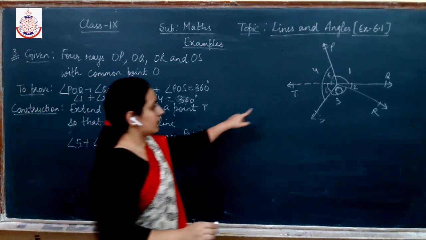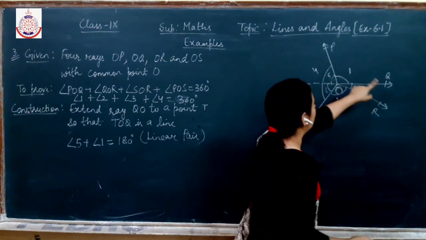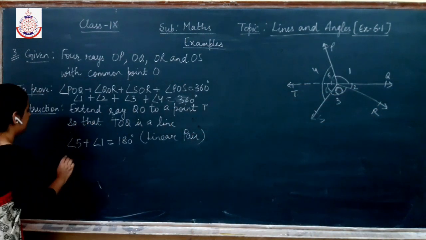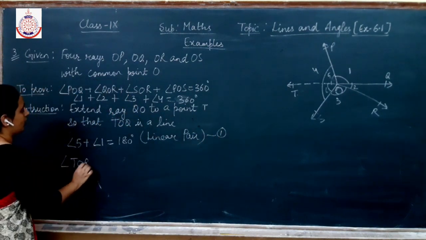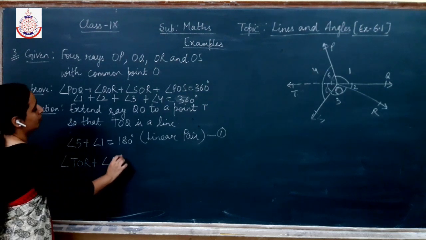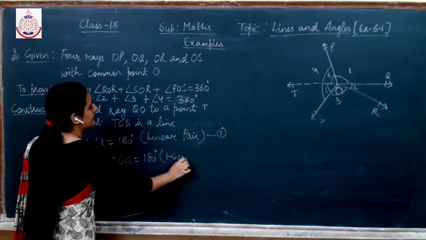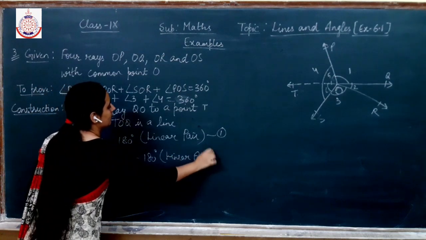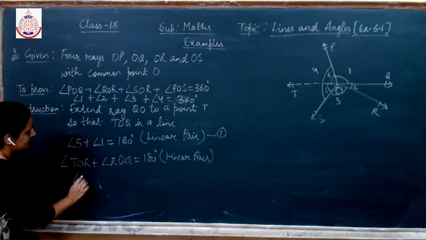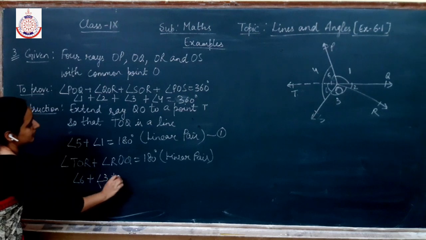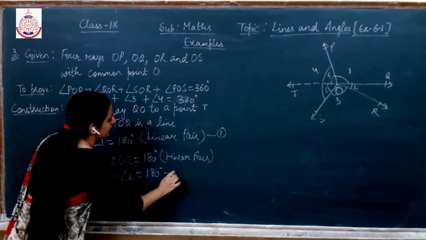This I am giving as equation number 1. Similarly, if I write angle TOR plus angle ROQ equals again 180 degree, the reason will be the same, linear pair. Now we can see that TOR is angle 6 plus angle 3 and ROQ is angle 2. It is again equal to 180 degree.